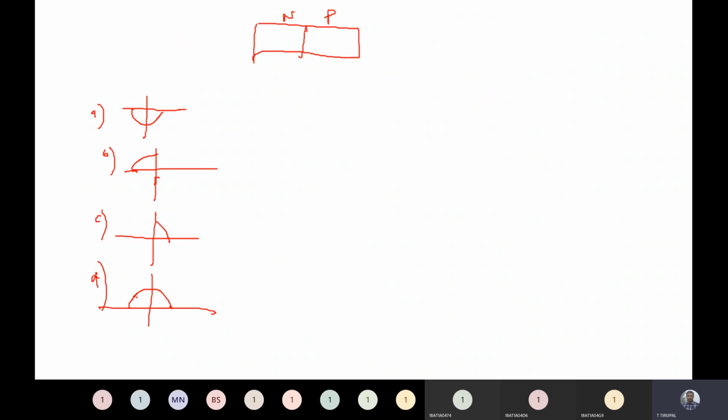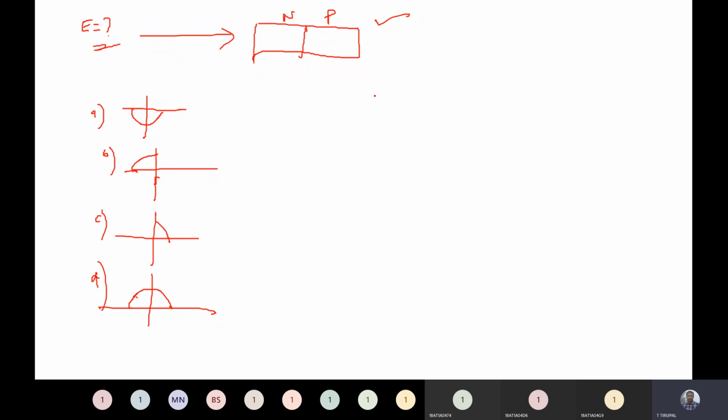What is the electric field intensity E for this figure? The shape of the electric field intensity for a diode is like this. Is the answer A, B, C or D?